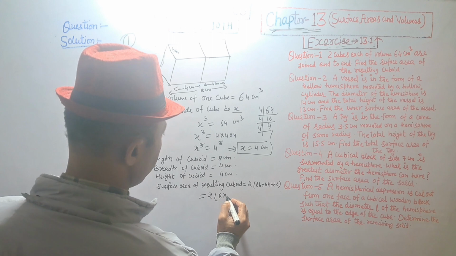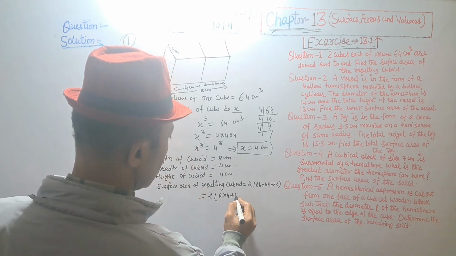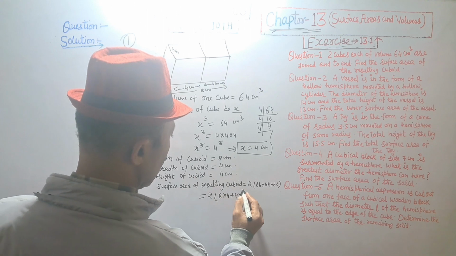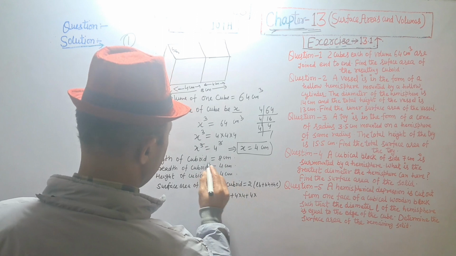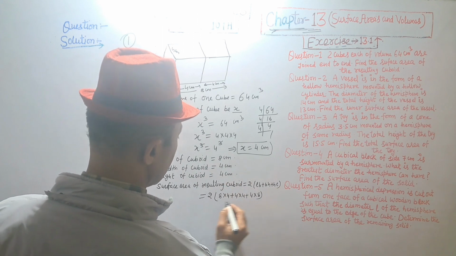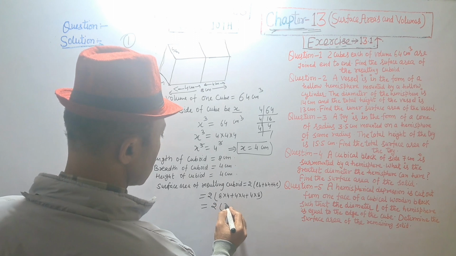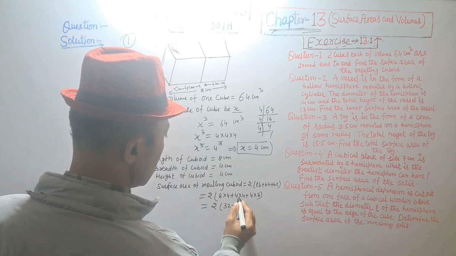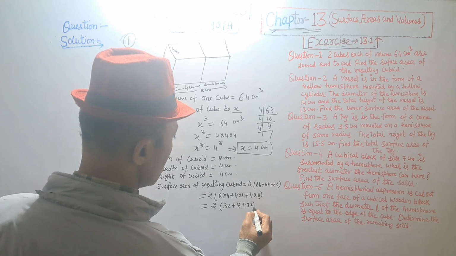Length is 8 and breadth is 4, plus breadth 4, height 4, plus height 4 and length 8, is equal to 2 times of 8 4s are 32, plus 4 4s are 16, plus 8 4s are 32.